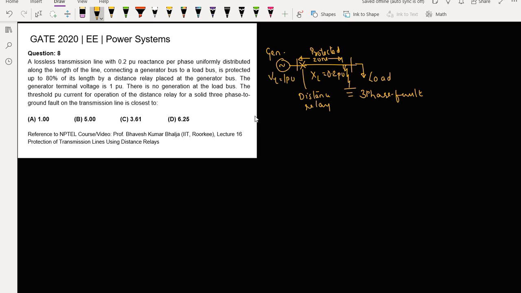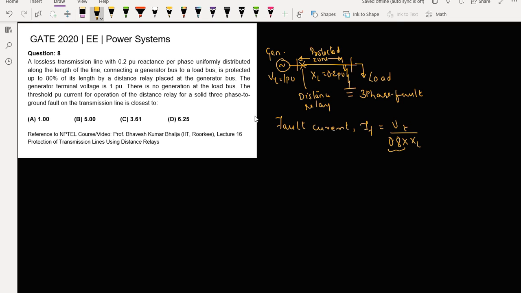So the fault current can be calculated as IF, which equals VT divided by 0.8 into XL. Now why this 0.8?